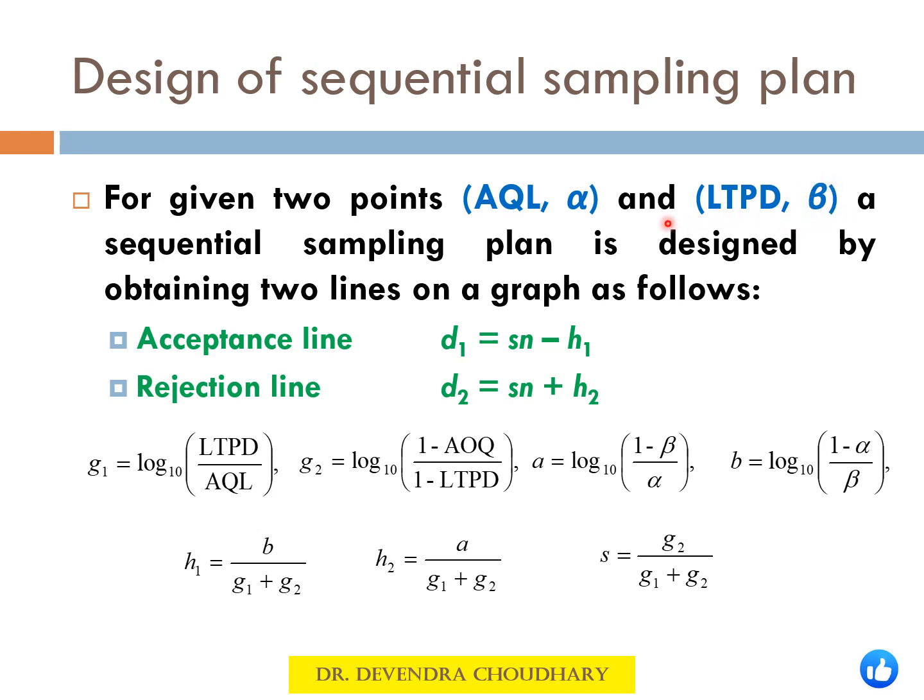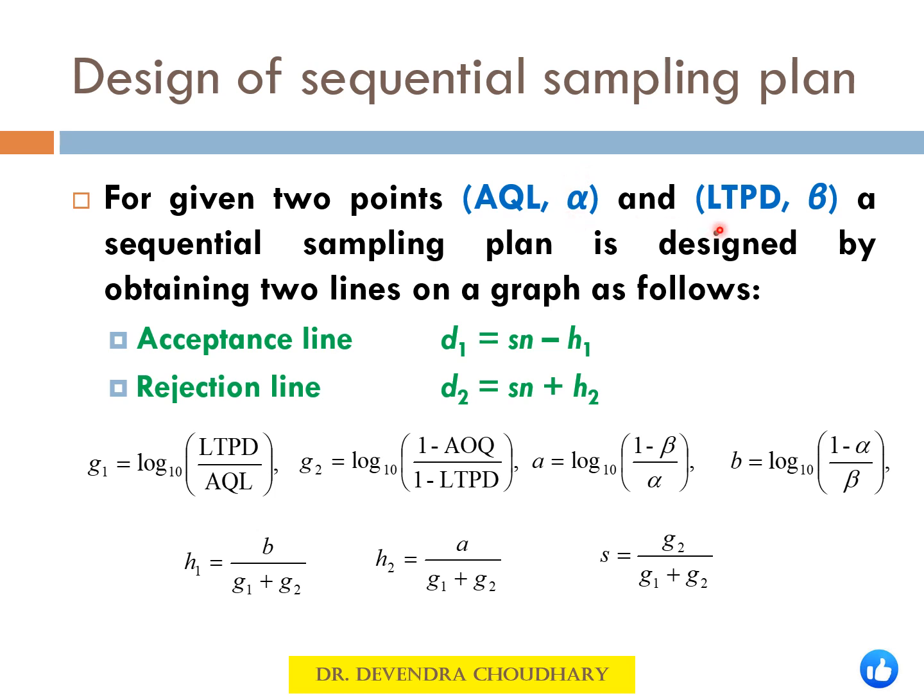So these values give these 2 points. This is the point where a good quality lot is submitted, and at this fraction defective, the probability of rejecting the lot, or you can say producer's risk, is alpha.